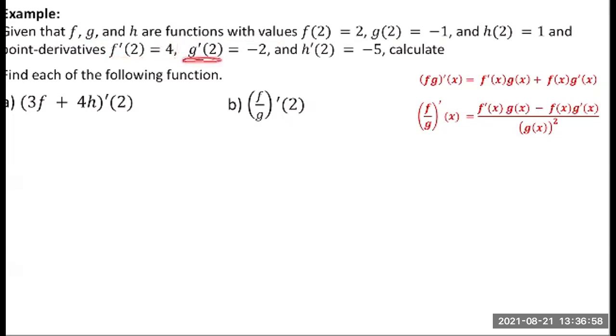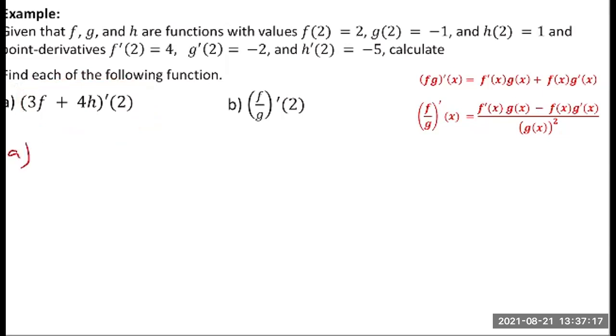Here, g prime of 2 is equal to minus 2, h prime of 2 is equal to minus 5, and we are asked to calculate this. First one and the second part. Let's look at this one. How would you calculate this quantity?